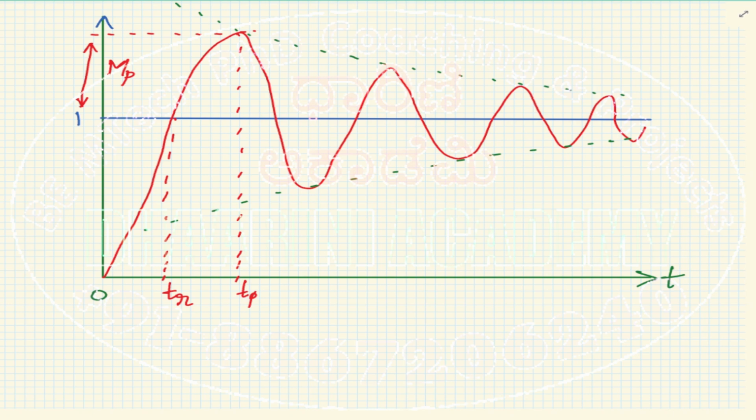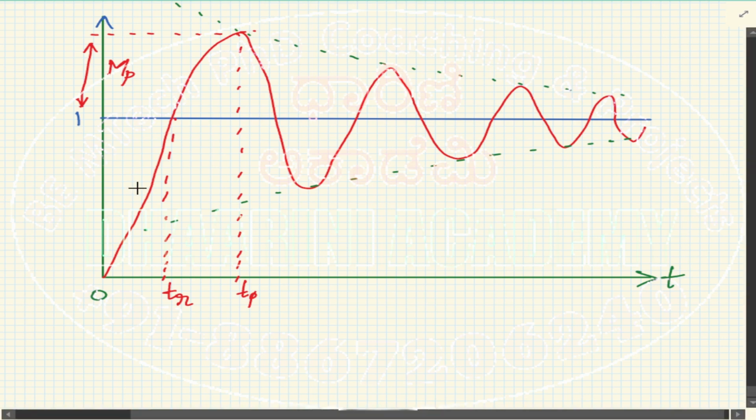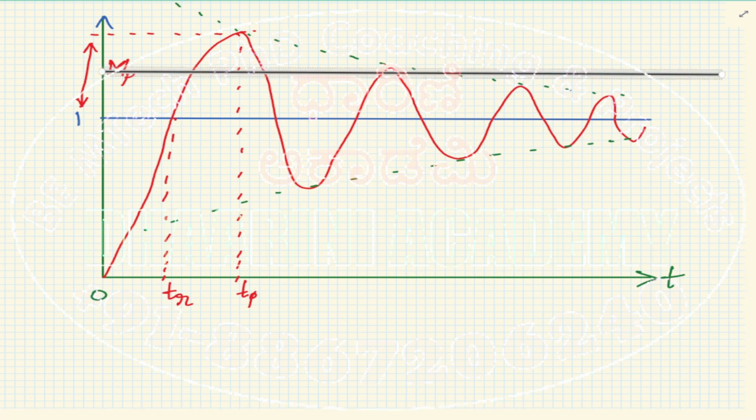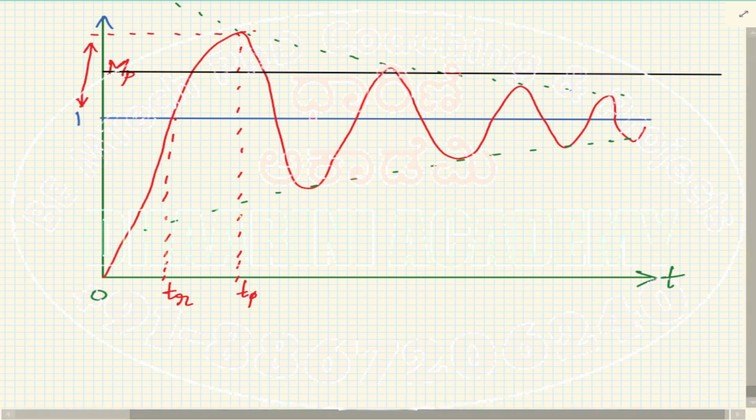And then we have what is called the settling time. For that we have a small amount of tolerance on both sides. I think I cannot show the tolerance over here, so let me make the tolerance higher. Let me assume that this is the tolerance, and on both sides I draw a similar tolerance line.